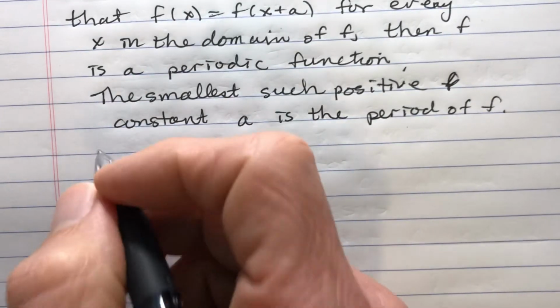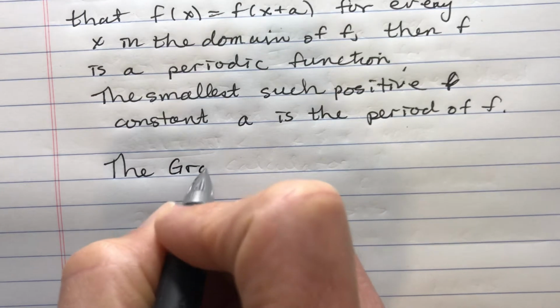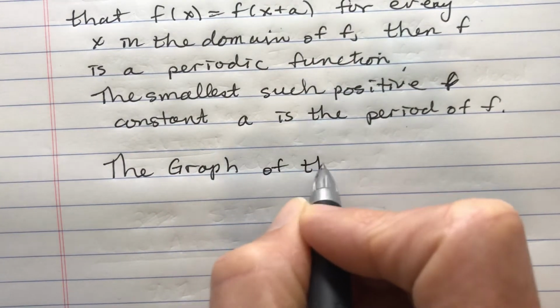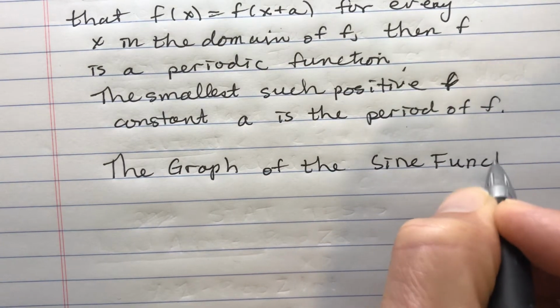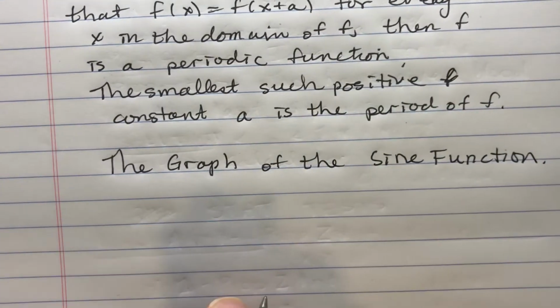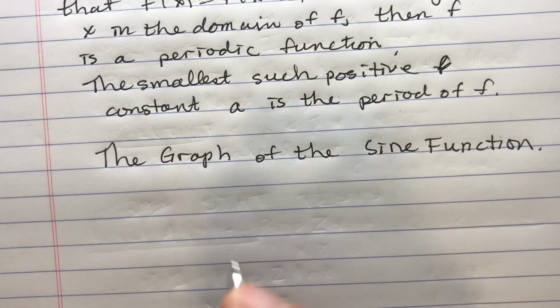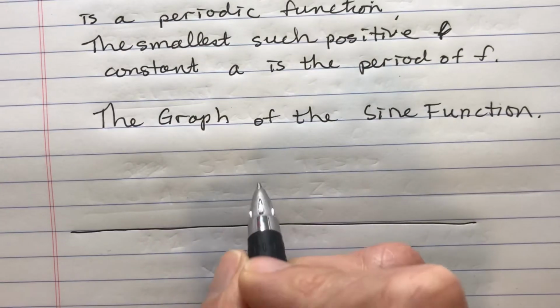So let's look at the sine function. The sine function looks like a wave. And so we often call it a sine wave or sinusoidal wave or sinusoid. The way I draw these is not really to scale always.